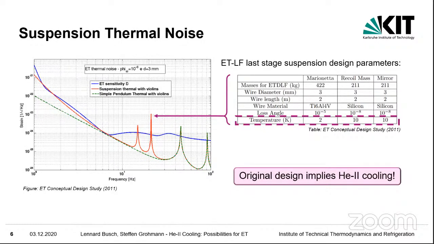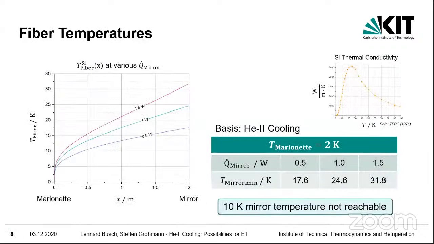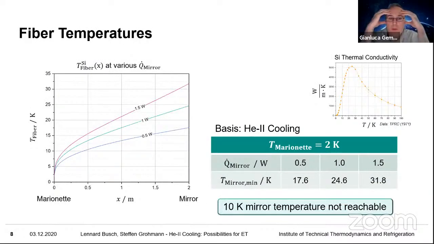And so this is the difference from what you have calculated in your results and in your slide 8, where, if I understand well, you have written that the power absorbed by the mirror is 1 watt.